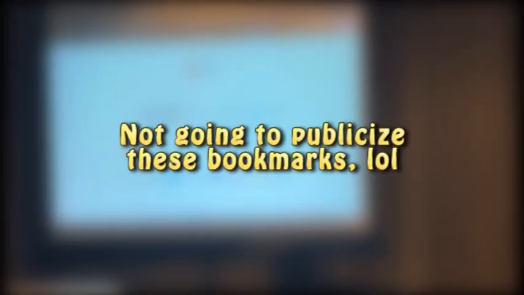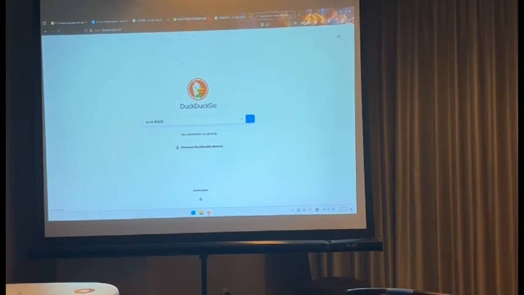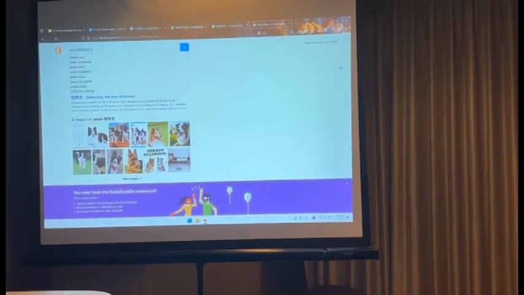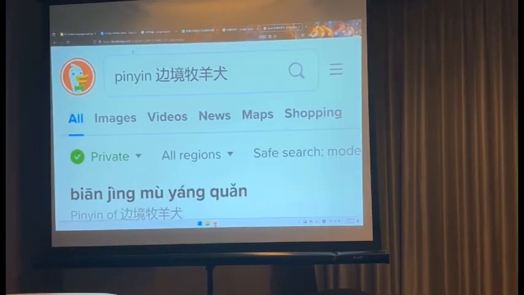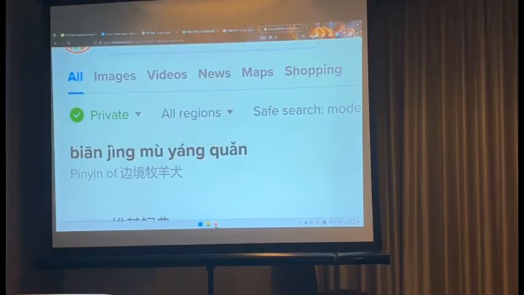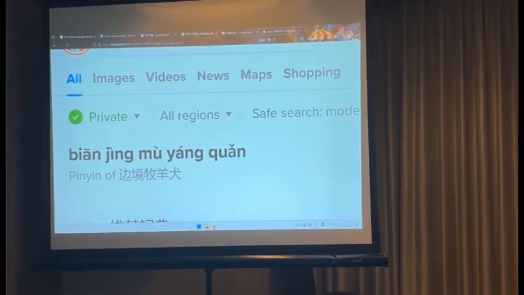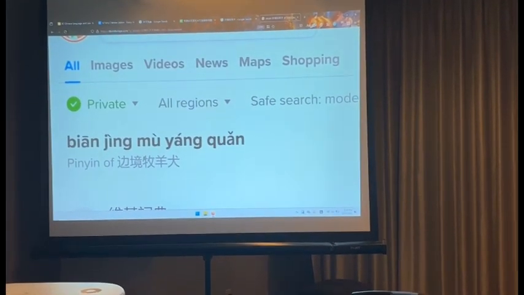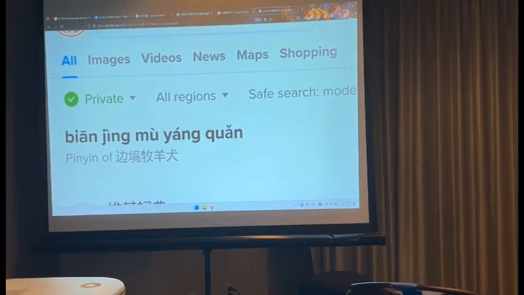And by the way, if we go to DuckDuckGo, the search engine, and you search pinyin and then put in the character there, it will show you the pinyin. That's a neat trick. So you can see this is 边境牧羊犬.